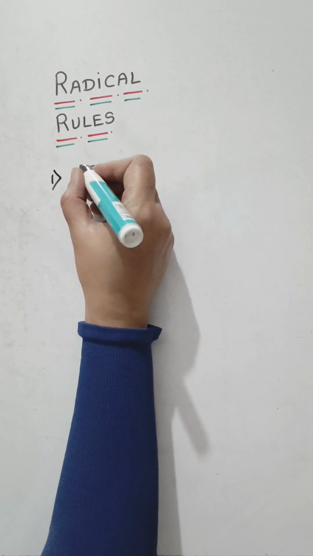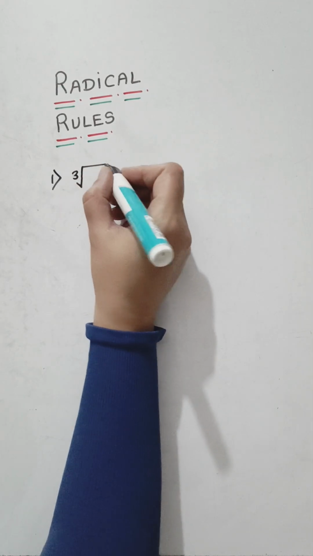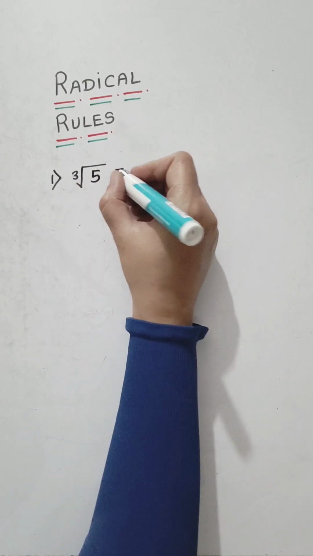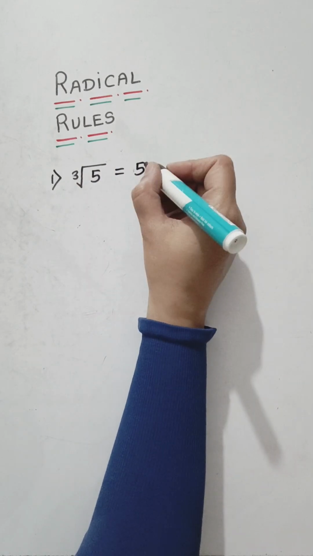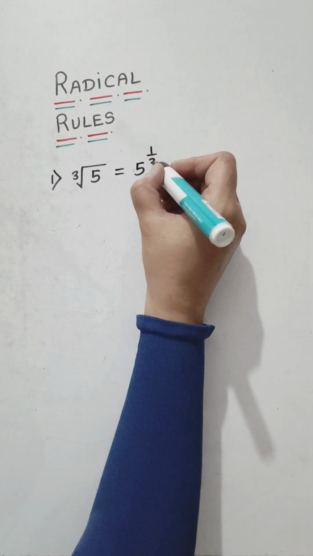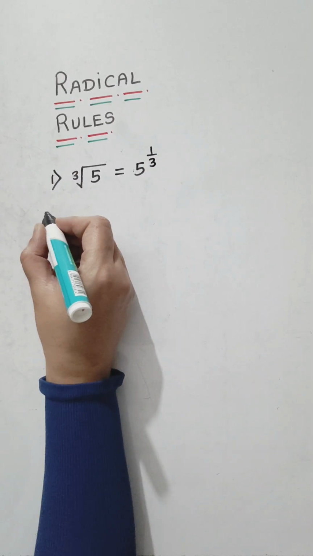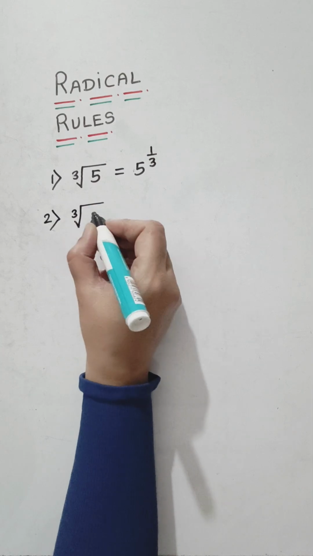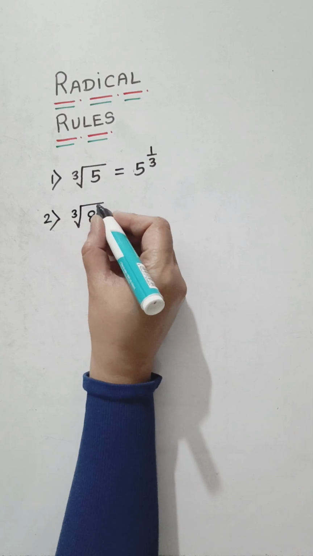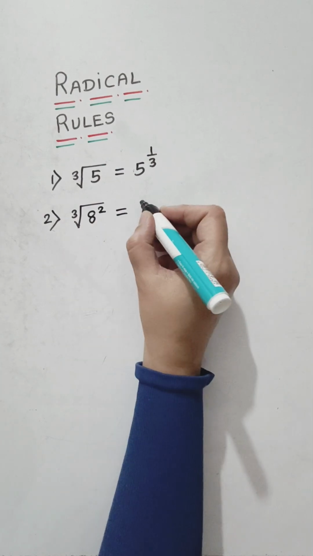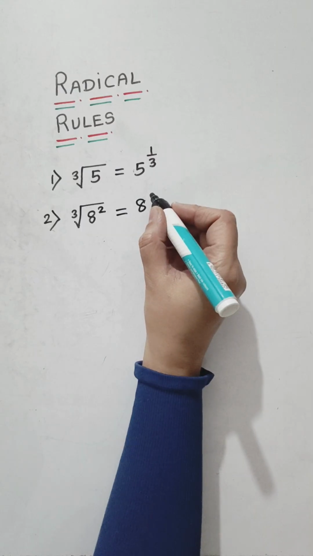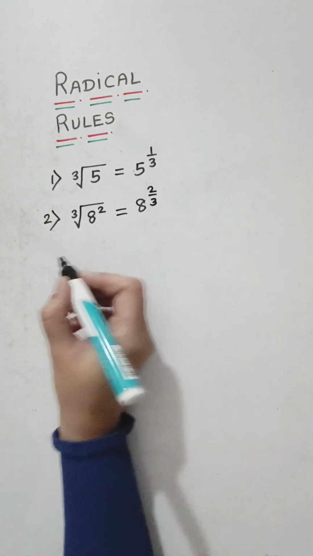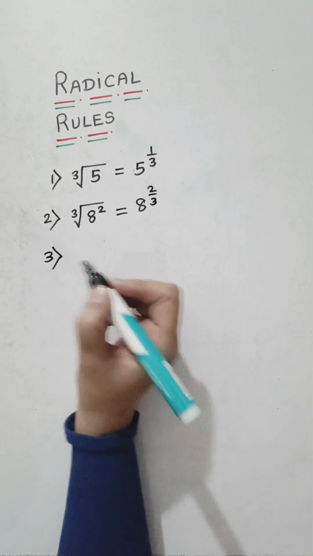If I have third root of 5, it can be written as 5 raised to the power 1 by 3. Simple. Now third root of 8 square. It can be written like 8 raised to the power 2 by 3 as per the rules of radicals.